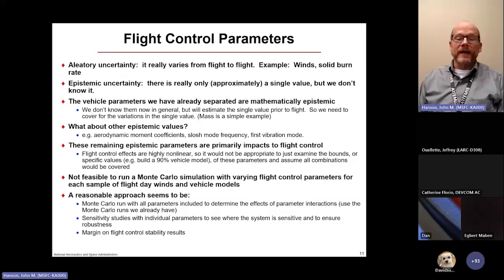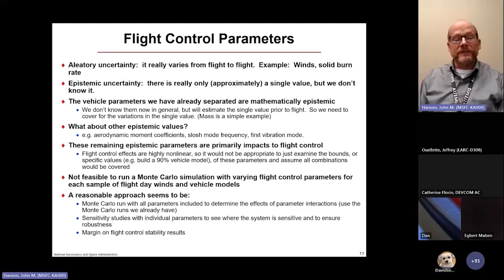We don't know them exactly, but we estimate the single value prior to flight. And so we need to cover for variations in that single value. Mass is also an example of that. There's some uncertainty in it, but we can get mass itself pretty accurately, although the propellant mass will vary.